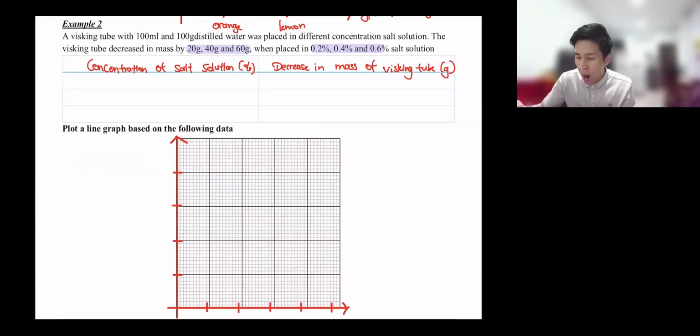Any question you can ask? If you're done already, you can try the next one first also. So simple.